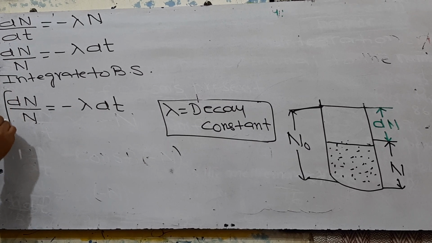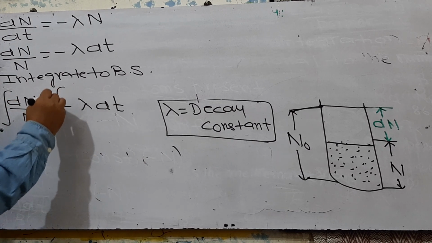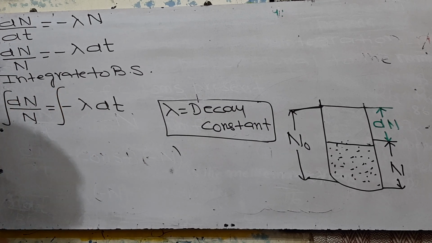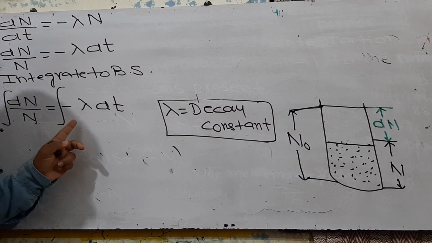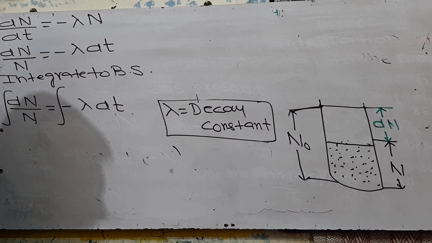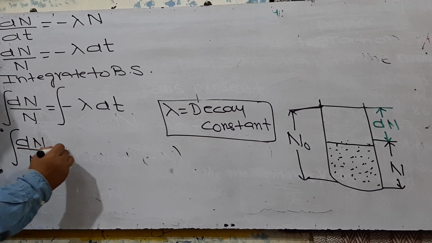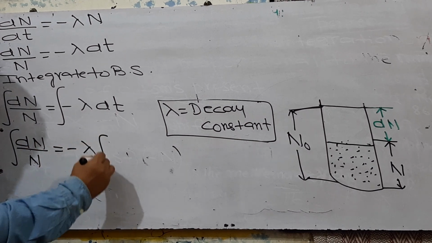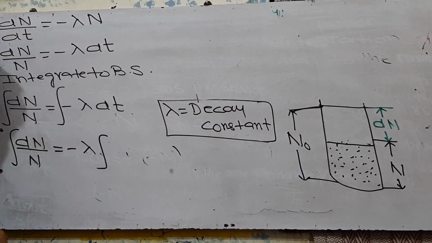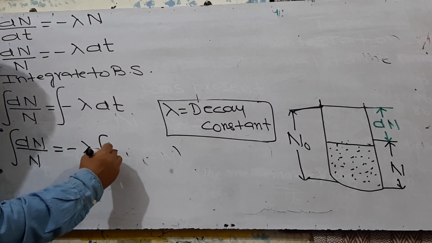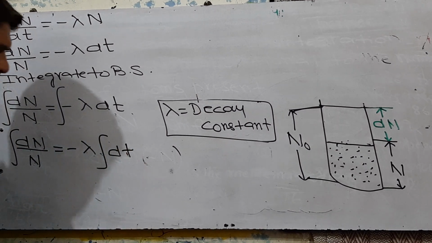So now we apply integration. As we know, lambda is a constant, so the constant is kept outside the integration. The integral of dN over N is equal to minus lambda, kept outside the integration, and the remaining term is dt.